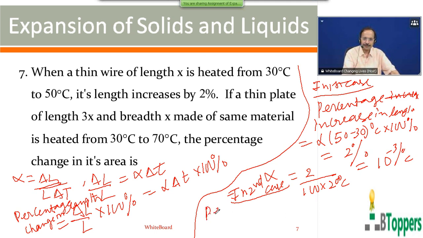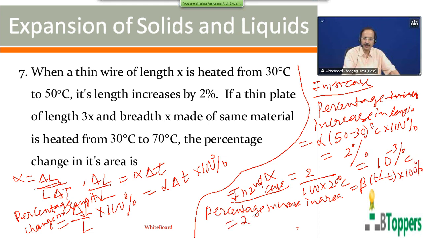So percentage increase in area, we can write beta into increase in temperature into 100%. Beta is the coefficient of areal expansion.